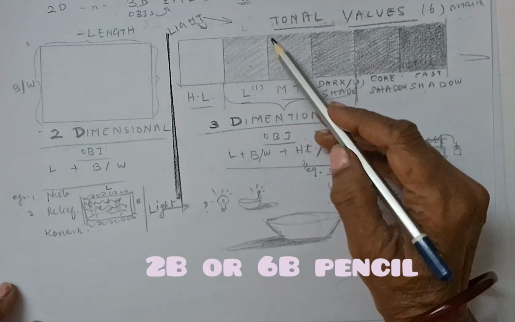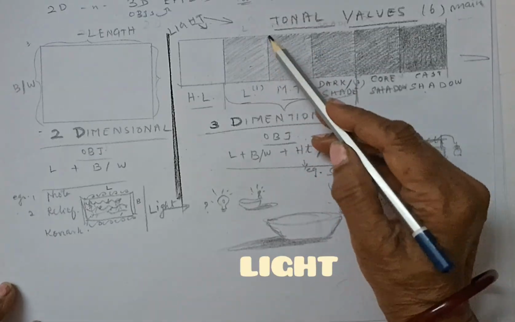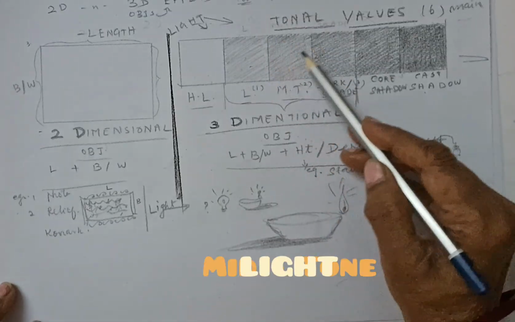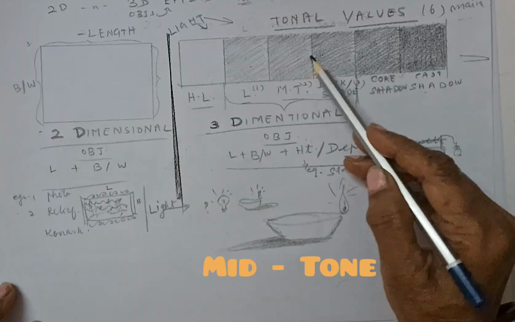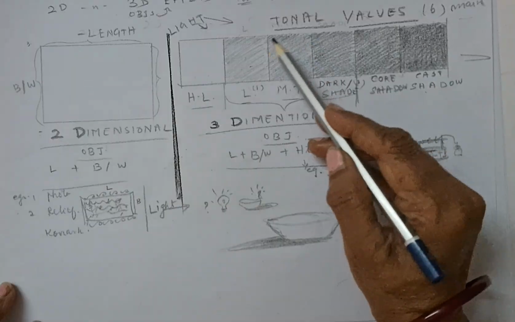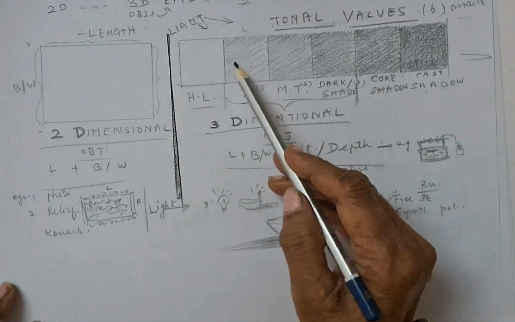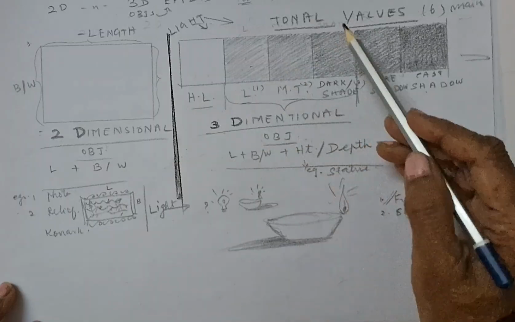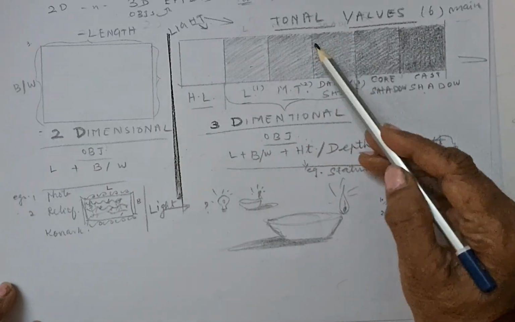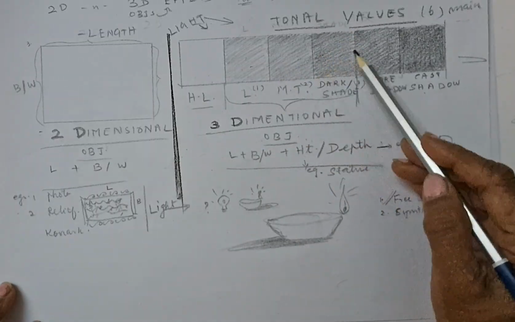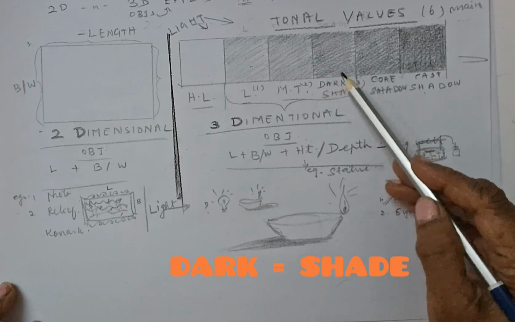Light. This is very light. Then you have mid-tone. You can press the same 6B pencil, press it less here, press it more, press it even more to get a darker shade.